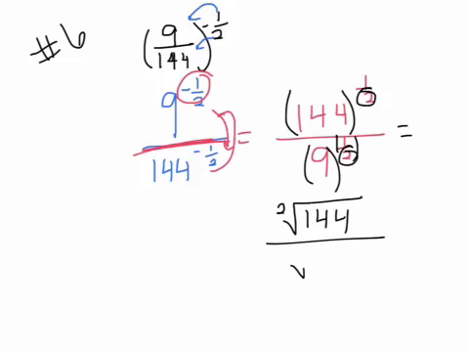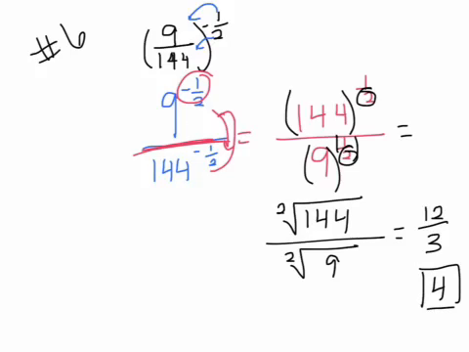This is the second root of 9. So they're square roots. So my final answer is 12 thirds. Square root of 144 is 12. Square root of 9 is 3. And at this point, I can divide that last piece, and my final answer is 4.